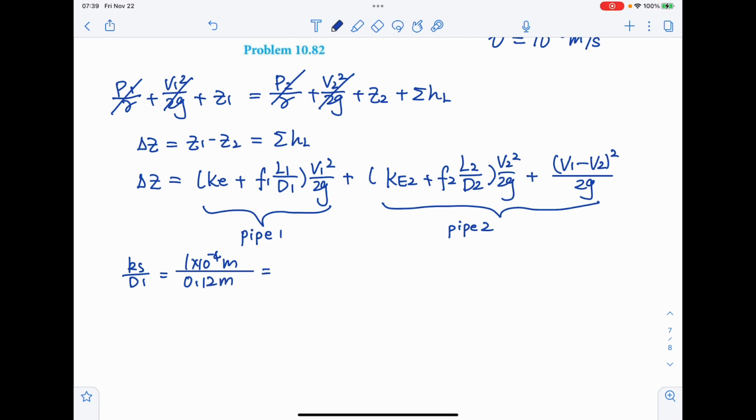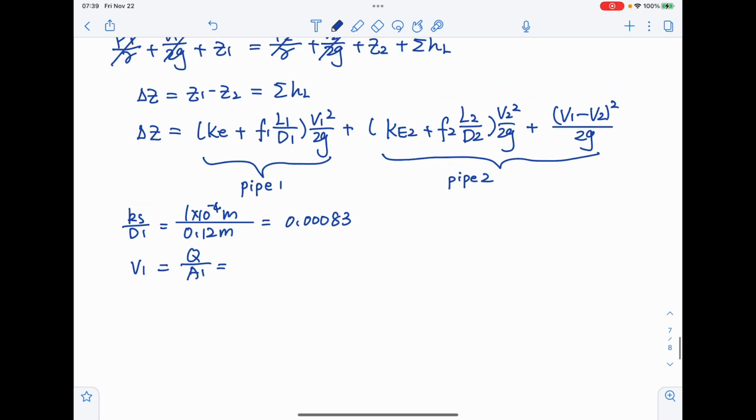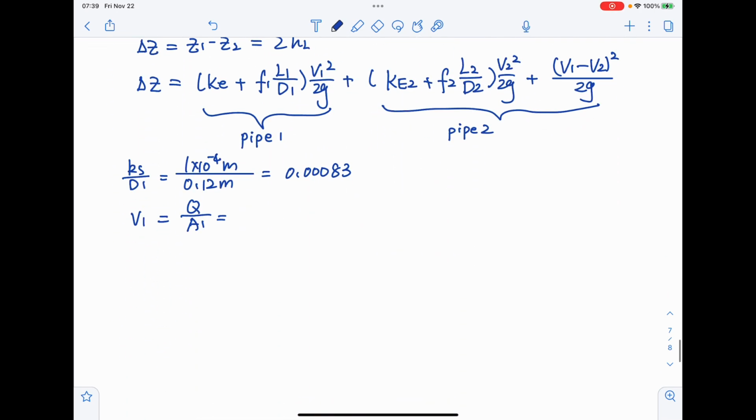So the relative roughness is 0.00083, and V1 equals Q over A1, and Q is given, 0.1 cubic meter per second.